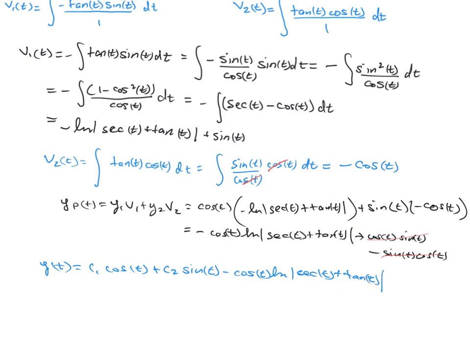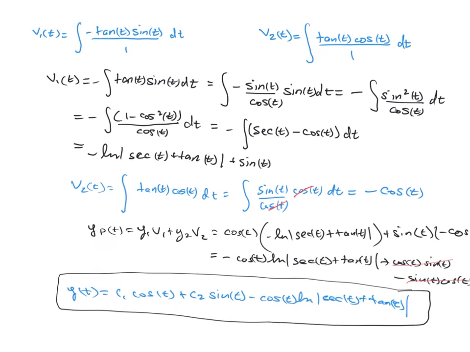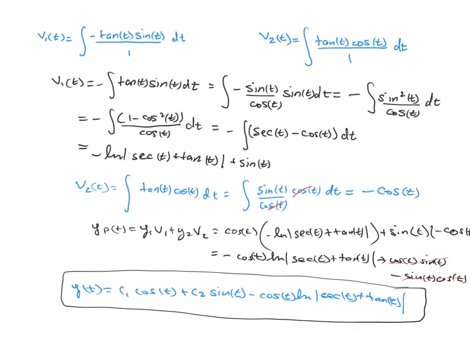And that is our general solution for this inhomogeneous differential equation. And we haven't said this in a while, but again, you can always check your solutions by taking derivatives and substituting them back into the original differential equation, which was on the previous video, but that was y double prime plus y equals tangent of t.